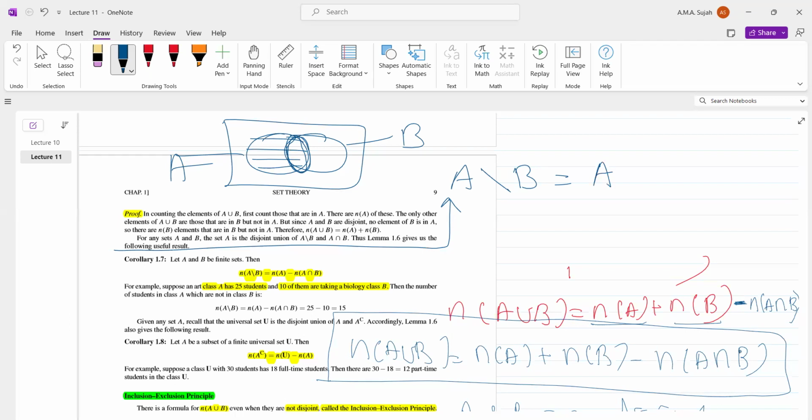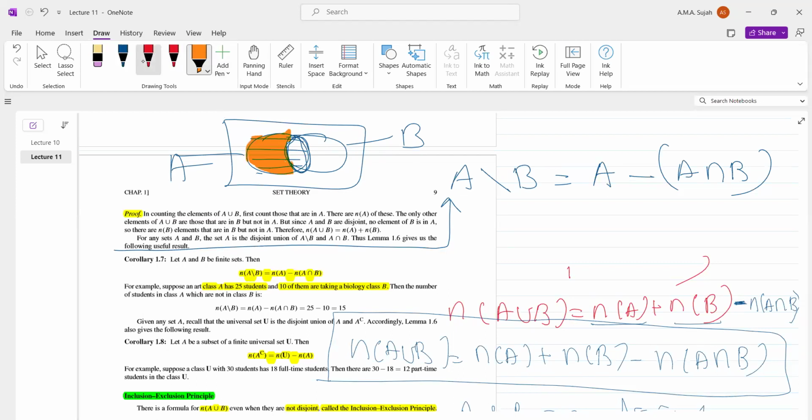So from A means the entire circle. From A, we need to subtract A intersection B, right? This area. A minus B means this area, right? From A, we need to remove the intersection.